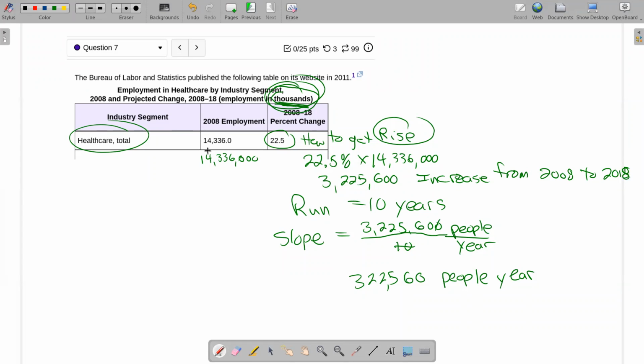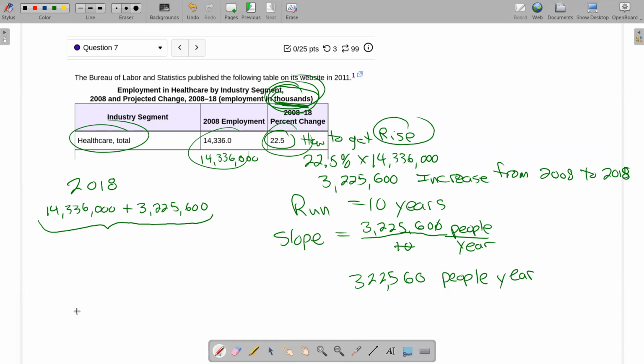And if I put this together with that, I can get the total number for 2018. So in 2018, starting with 14,336,000, I add on the 10-year increase, which was based on that percentage, 3,225,600. And this altogether is going to be the total number for 2018.